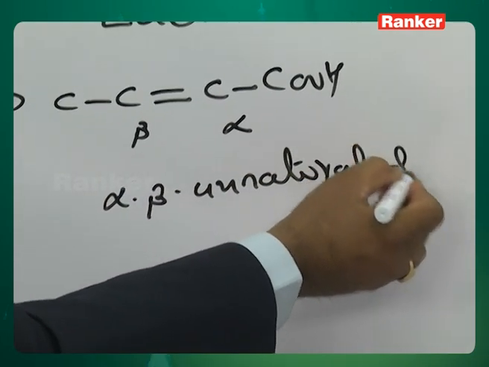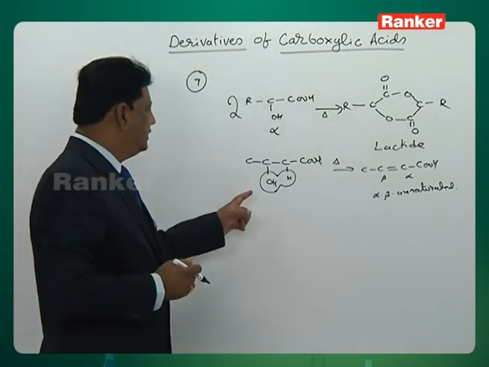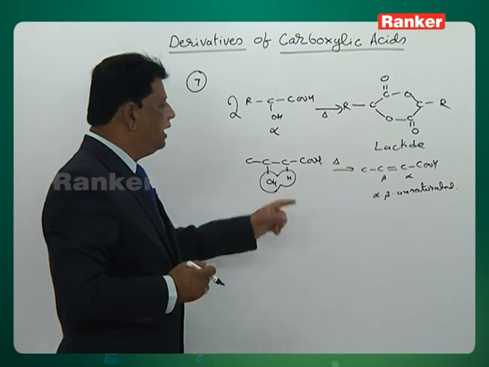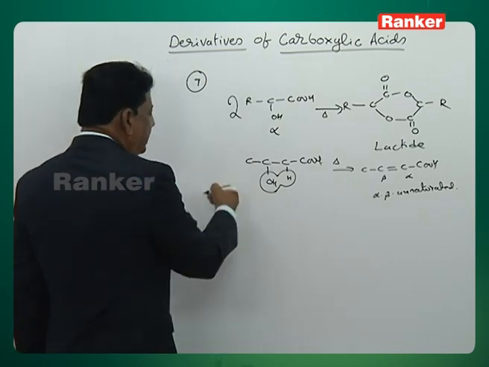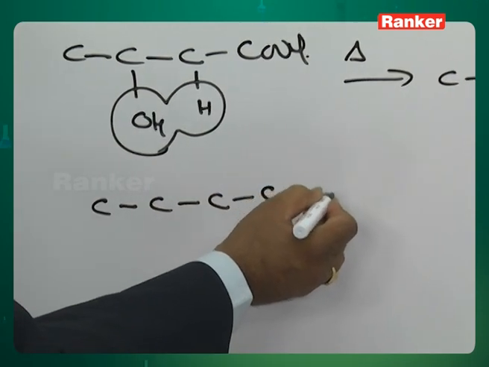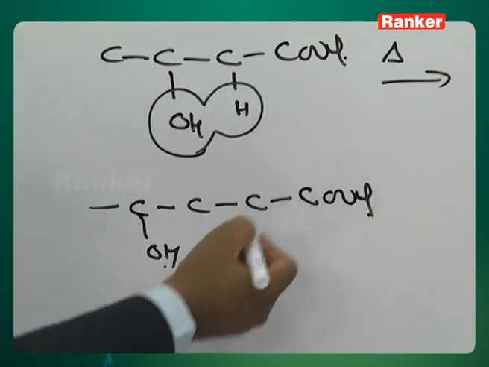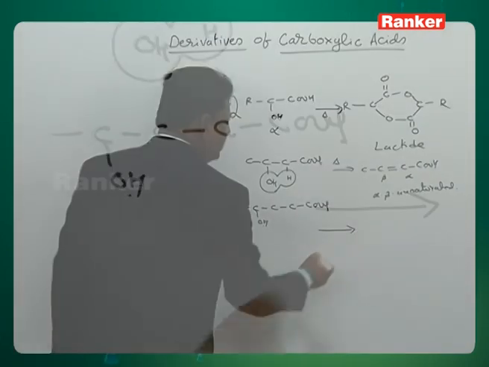So this is the question asked actually: which one of the following acids will give an alpha beta unsaturated acid? A beta hydroxy acid will give it. If the OH is beyond the beta, it can be a gamma, delta and so on, then this OH and COOH mutually react within the compound.